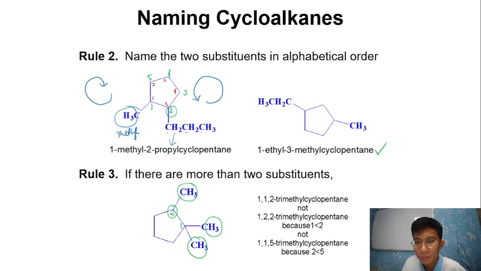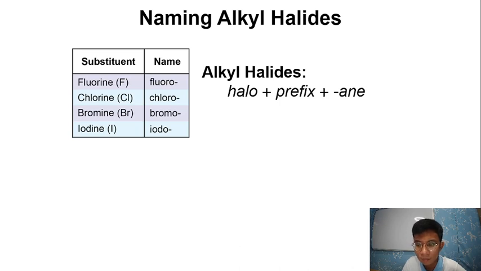Okay? So, that's how you name cycloalkanes. Kapag meron nang presence ng double bond and triple bond, just same lang siya pero may mas distinct na rule yung gagamitin natin which I think ma-encounter natin as we go along the slides.